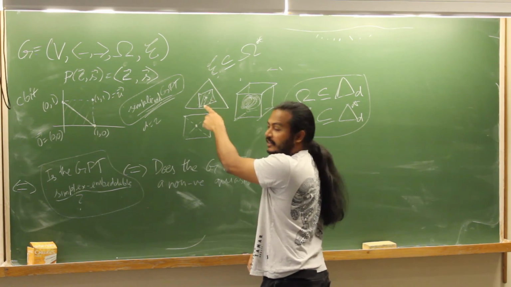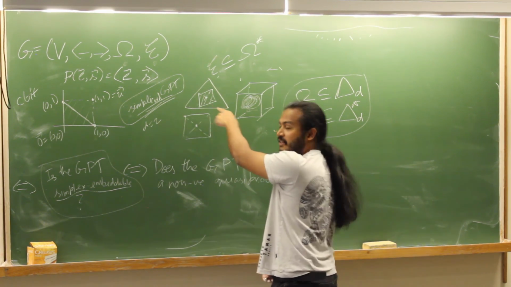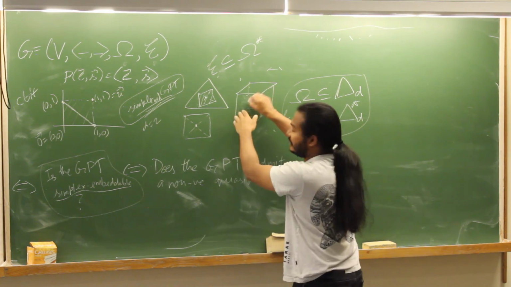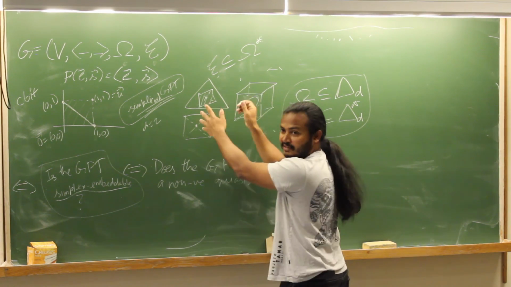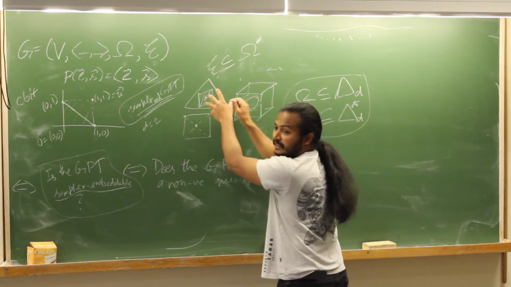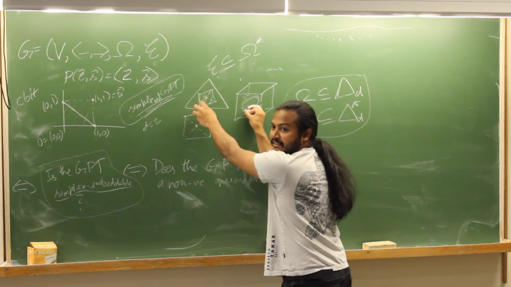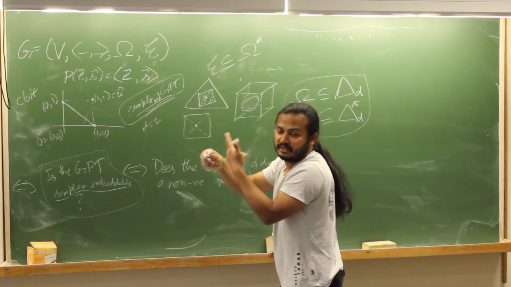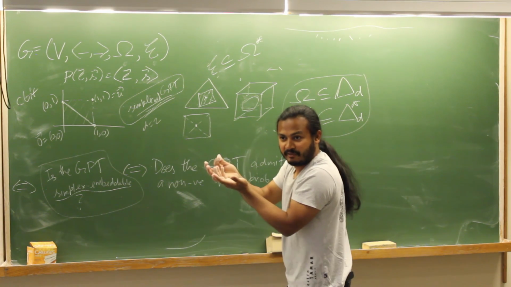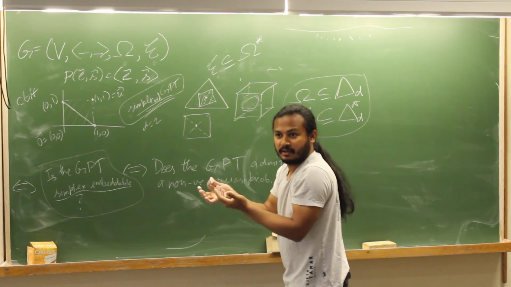But there exists a simplex which embeds it, and there exists a dual which contains the dual of this, which means that there exists a non-contextual model for this GPT, which looks non-classical. It admits non-unique decompositions, it has incompatibility, it has all of these behaviors, but it doesn't have contextuality.